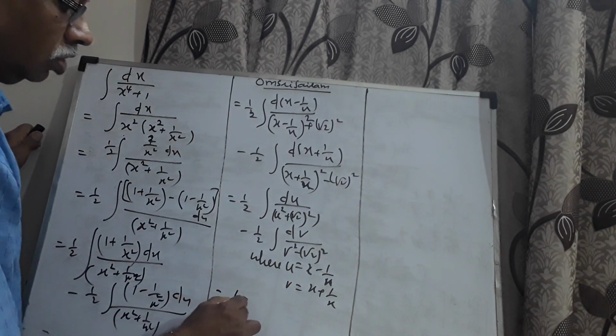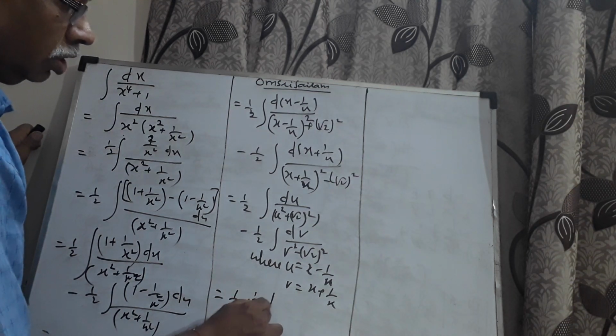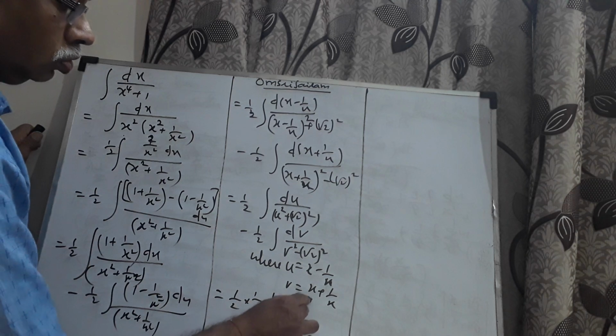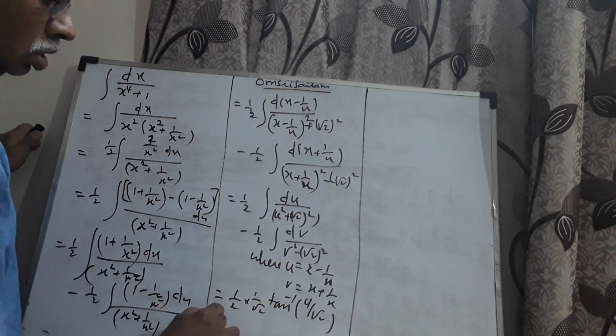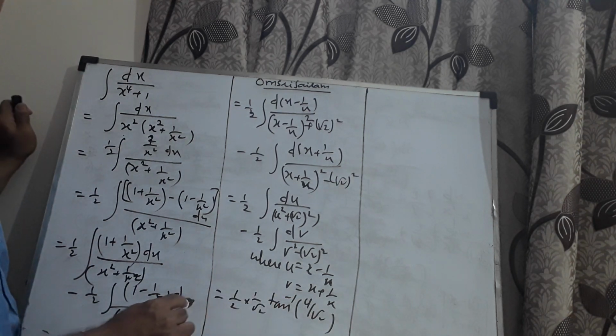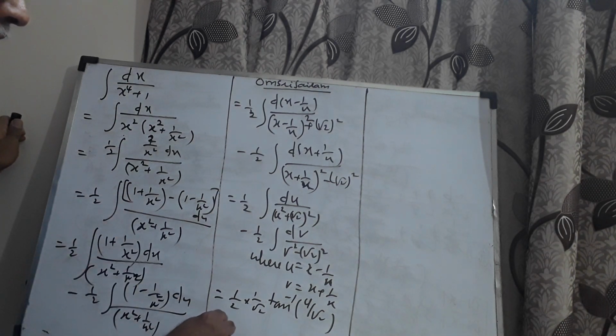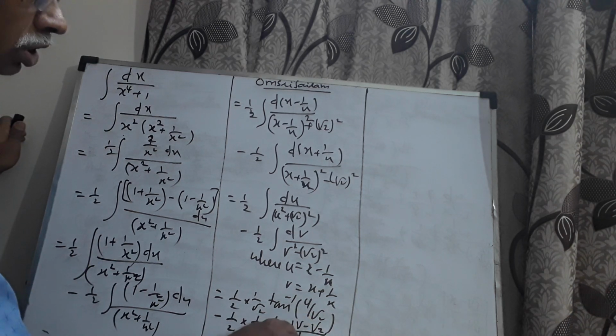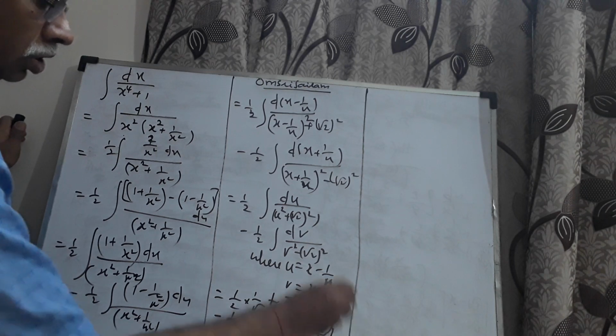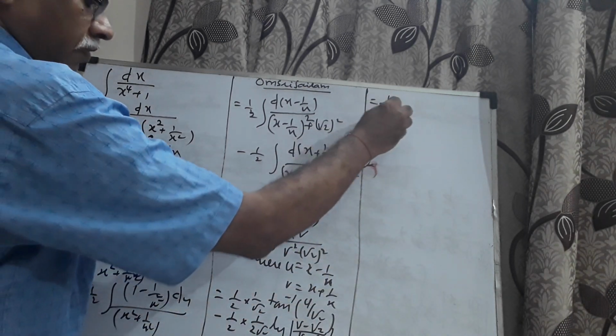Therefore, this will become 1 by 2 into 1 by root 2 tan inverse u by root 2. Okay, then I'll end up with minus 1 by 2 into 1 by 2 root 2 log mod v minus root 2 by v plus root 2 plus c.